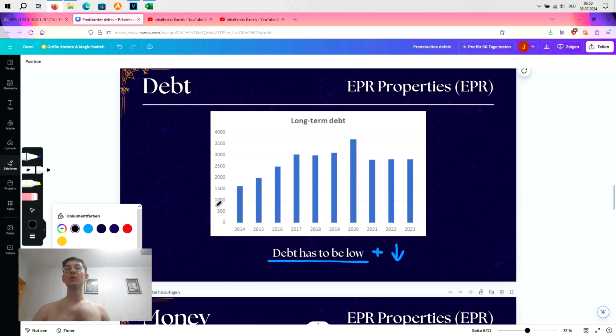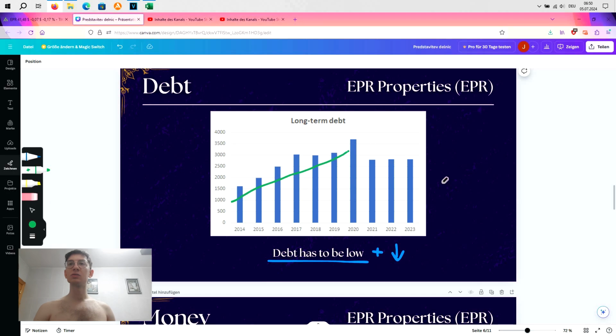Now here we can make an exception. Whenever you have a real estate company, the debt should be growing, okay? Obviously, if you have Apple or Microsoft or some other bank, debt should be lower, but in this case, with real estate companies, it should grow. So it kind of grows, which is what we want to see. So debt is actually good to go.